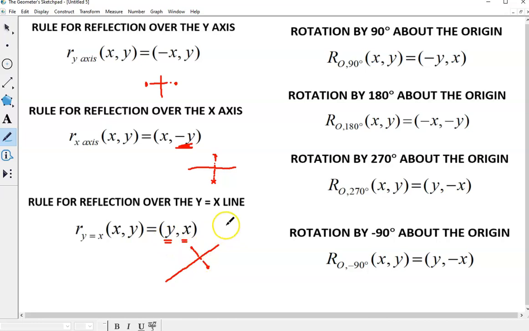I love that rule. Now, rotation is harder to visualize as to why that was taking place, but you can see a pattern here for sure, where you get the switching of that variable and then the negation of that value. I think doing something by 180 isn't that bad to remember. It's like going the opposite direction.